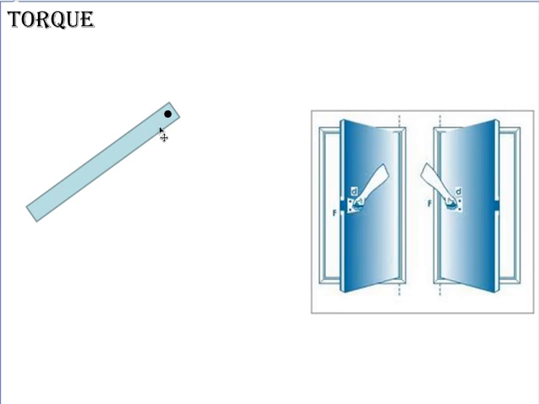It turns out that the torque that you have depends upon how much force you apply, and it depends upon how far away from the pivot that force is applied.